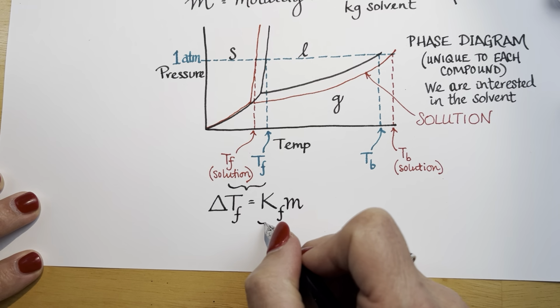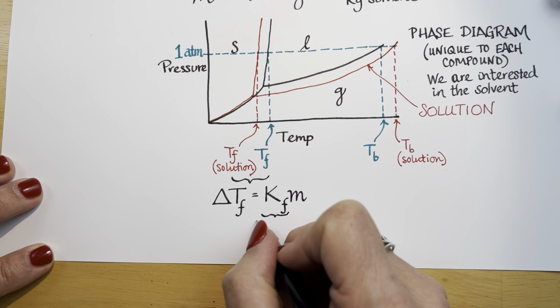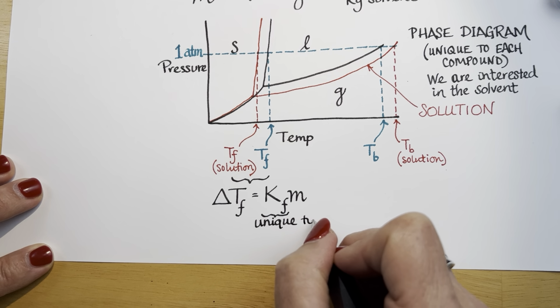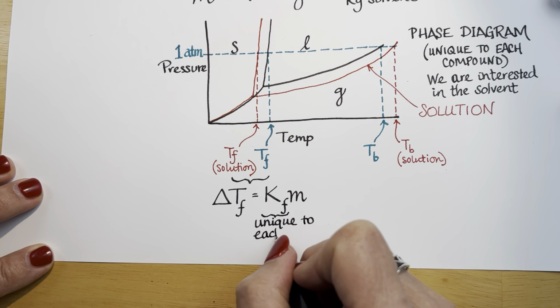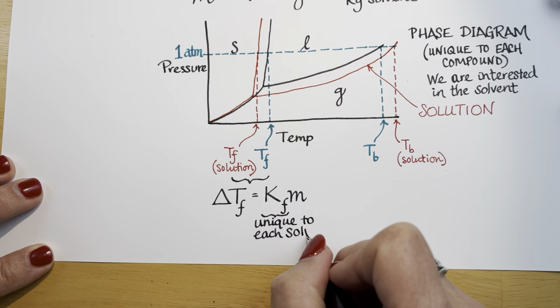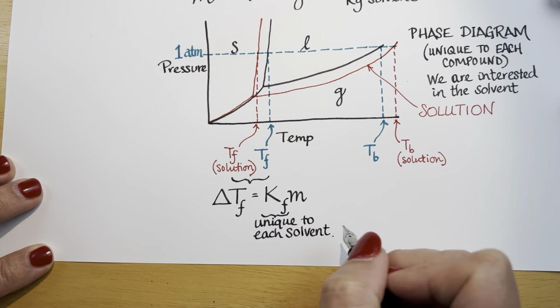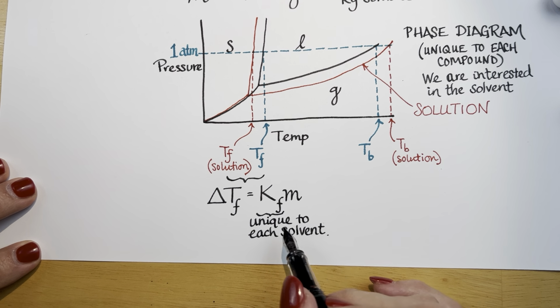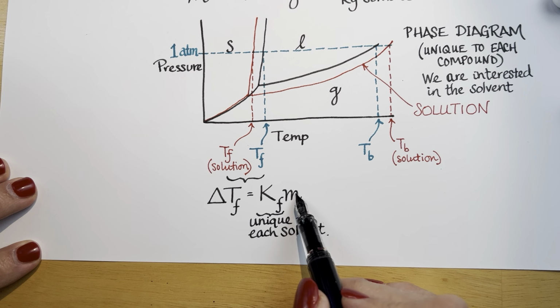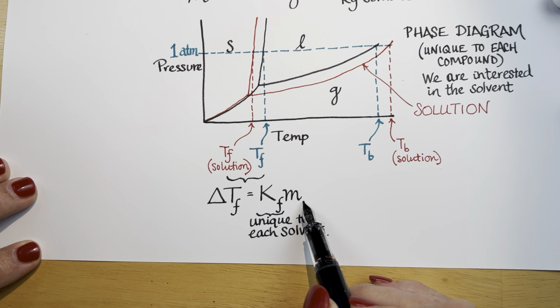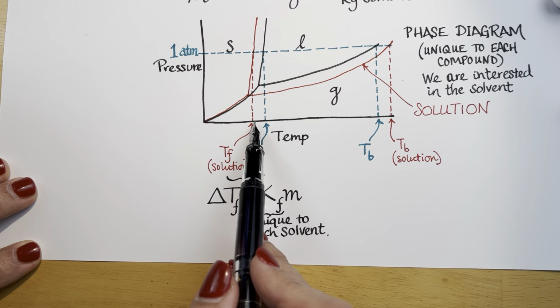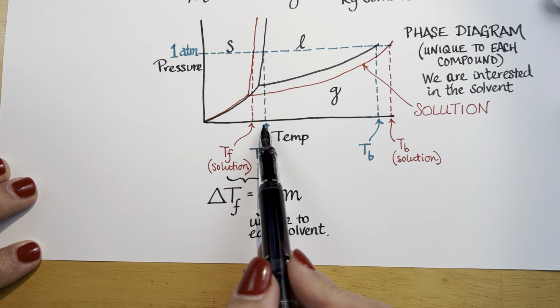This is a number that is specific, unique to each solvent. It's something we can look up: what is our solvent, and what is its freezing point depression constant. And if we know the concentration in molality, we can find by how much the temperature was depressed or reduced.